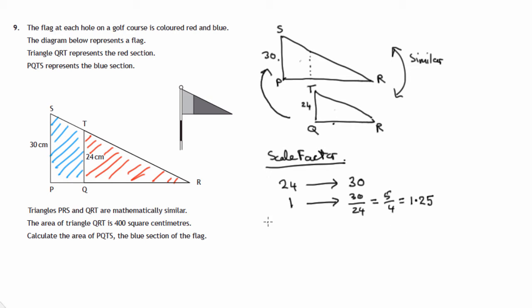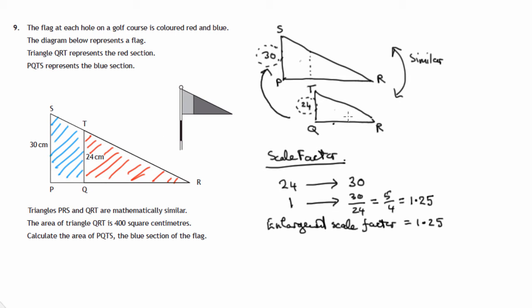This means that the enlargement scale factor, now remember this is just for lengths, is equal to 1.25. We're saying in particular that if we multiply the small length of 24 by 1 1/4, we'll get this length of 30.